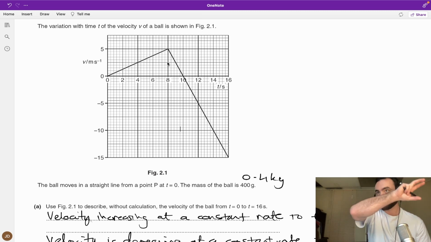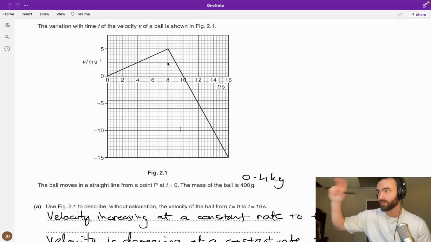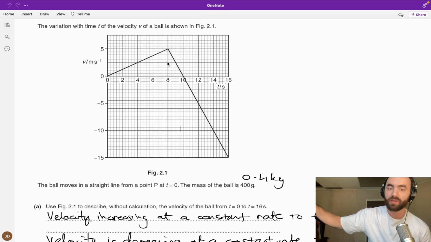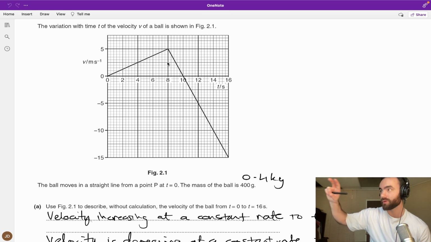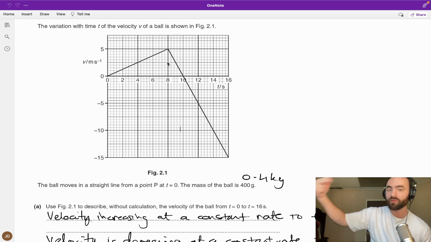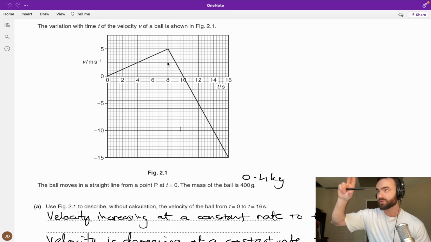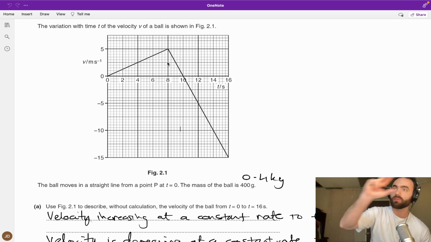It then starts to slow down, decreasing to 0 meters per second at 10 seconds, and then it starts to move in the opposite direction. It's decelerating from 8 to 16 seconds at the same rate. When it gets to 0, it's still decelerating, but it's now moving in the opposite direction. So it slows down, 0, and then back the other way.